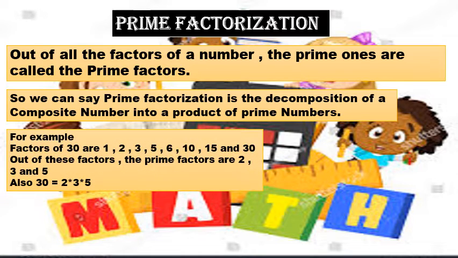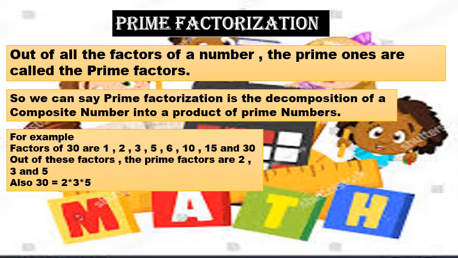For example, if we take number 30, then factors of 30 are 1, 2, 3, 5, 6, 10, 15 and 30. Out of these factors, the prime factors are 2, 3 and 5.